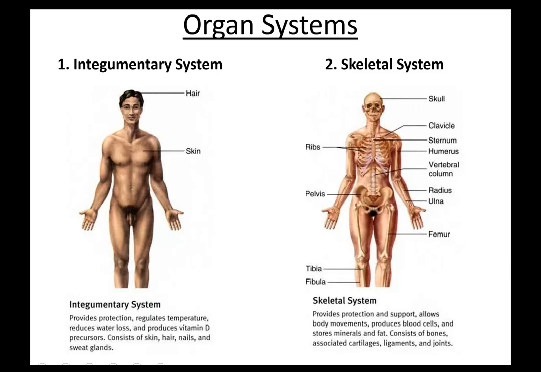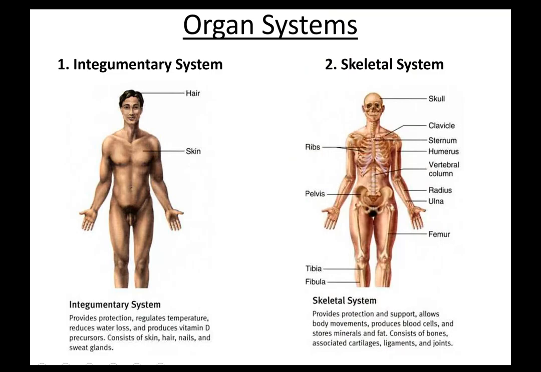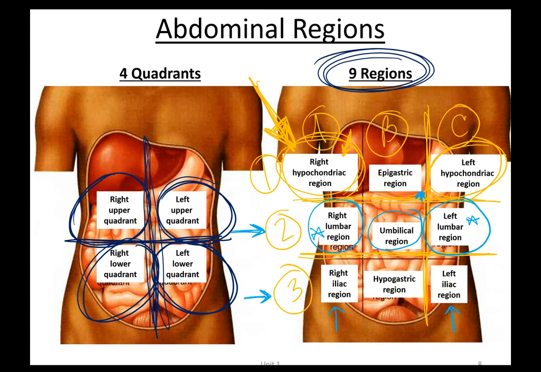Going back to the skeleton, do you see these big butterfly wings here on the pelvis? That bone is actually called the ilium. And the region that you're describing here is right in front of that big butterfly wing in the hip. So we call it the right iliac and the left iliac.